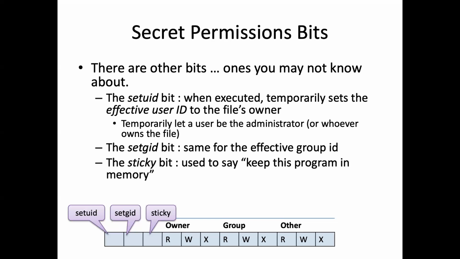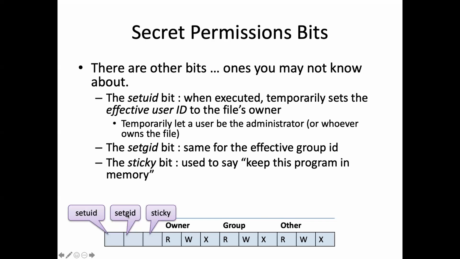And this is, at least on a Unix machine or Unix-like machine, a mechanism for temporarily letting you switch domains. If you're running a program and it invokes another program and the setuid bit is set on that program, while that other program is running, you get the permissions of that other program.